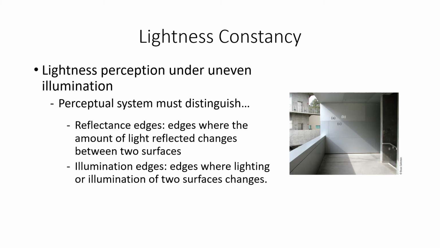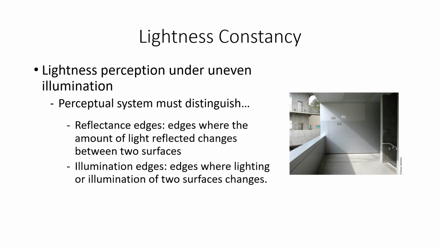But in this example, we're going to look at A versus C. A versus C is a difference in the reflectance edge, where A is part of a lighter gray rectangle on this wall, and C is part of the darker gray part of the wall. So that's a reflectance edge.